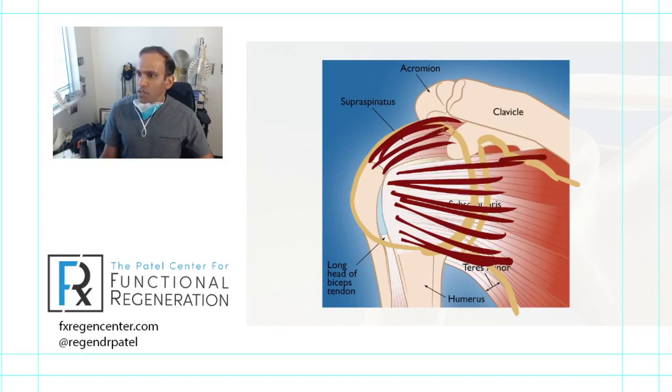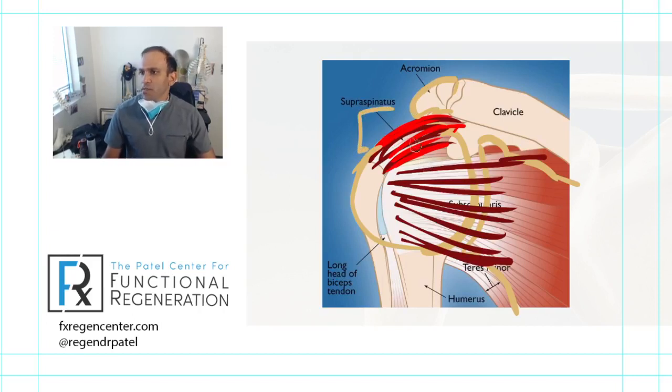And these rotator cuff tendons specifically, or the supraspinatus tendon right here, travels right between the ball and the tip of the shoulder, which is called the acromion. So this space that's right here is the subacromial space, and that's the space where the supraspinatus tendon oftentimes gets impinged.